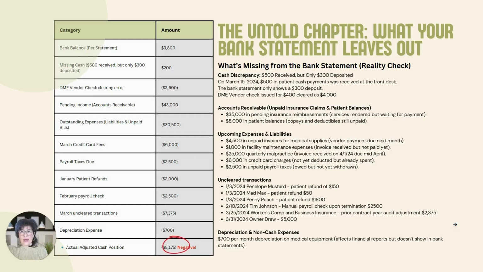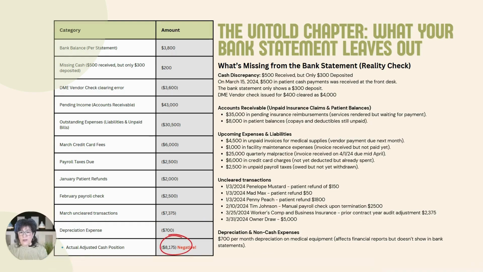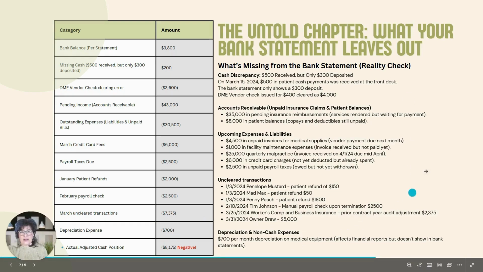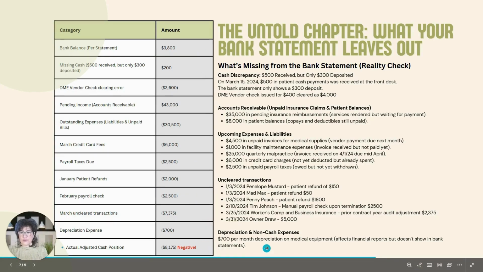So in the end, you've got a negative balance in terms of your cash position, because all of these items reflect in one way or another, positive or negative, in your cash position.